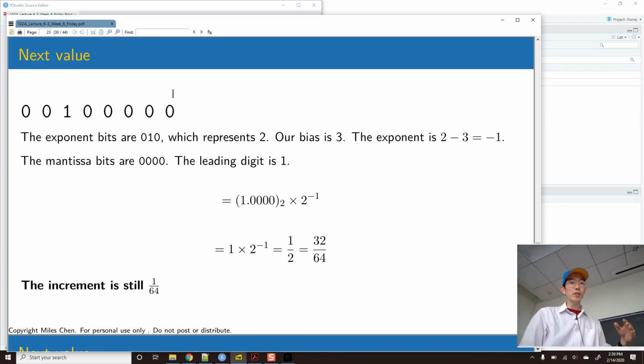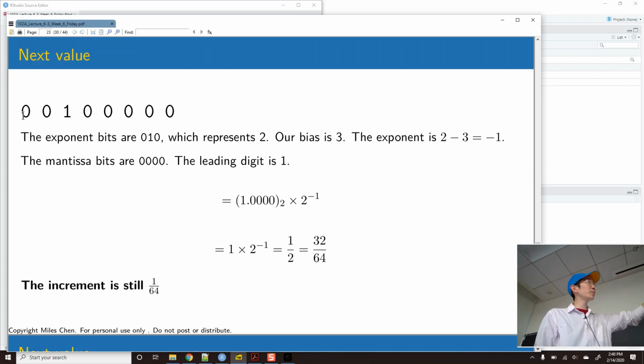Because if I kept doing this, with all of these bits that I have here, if every single increment represented 1/64, this would be 32/64, and then I could represent 64/64, and then 128/64. The biggest possible number I could represent would be like 363/64, just shy of 4, okay?